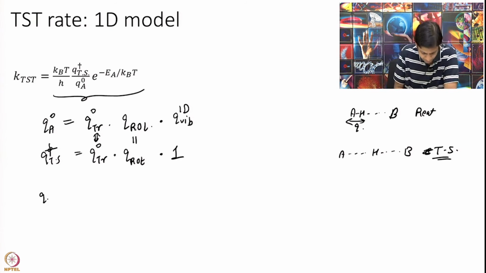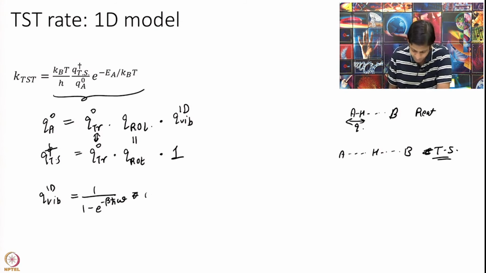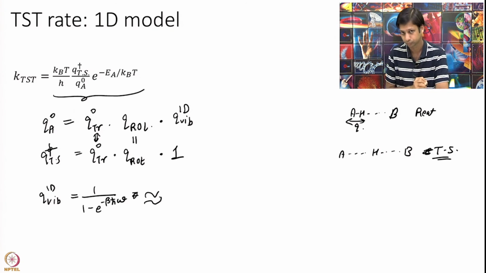Now, Q vibration in 1D quantum mechanically is given by 1 over 1 minus e to the minus beta h bar omega. This you can go back and see, we have derived this, and we are going to make an approximation now. We are going to assume high temperature.